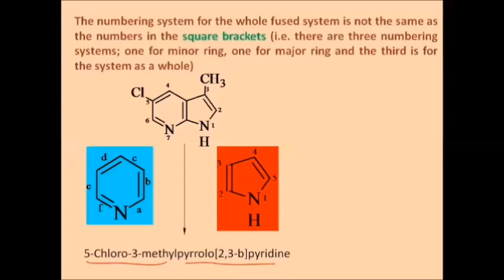In this case, we can see that 2,3 is written in the square bracket because the 2,3 position of the pyrrole ring is fused to the b bond of the pyridine ring. But the chloro and methyl groups are present at the 5 position and 3 position of the whole fused system. So the numbering of chloro and methyl is dependent on the numbering of the fused ring.